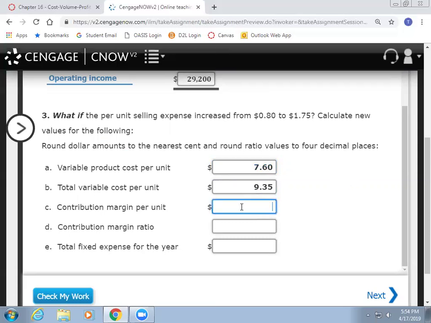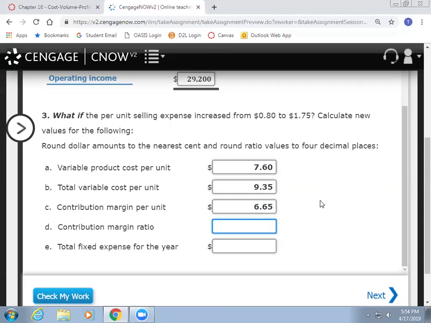So what does that change our contribution margin to? $6.65. Very good. We got that by taking $16 sales minus total variable costs, so 16 minus $9.35. And what's our new contribution margin ratio?